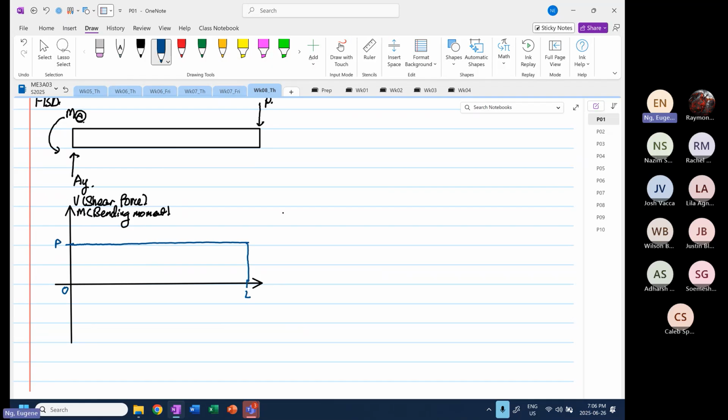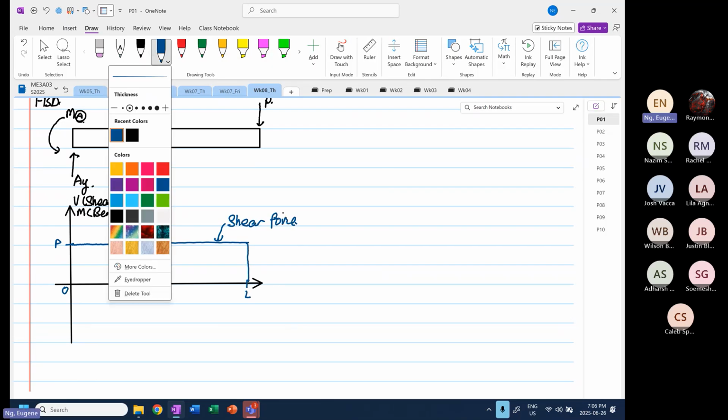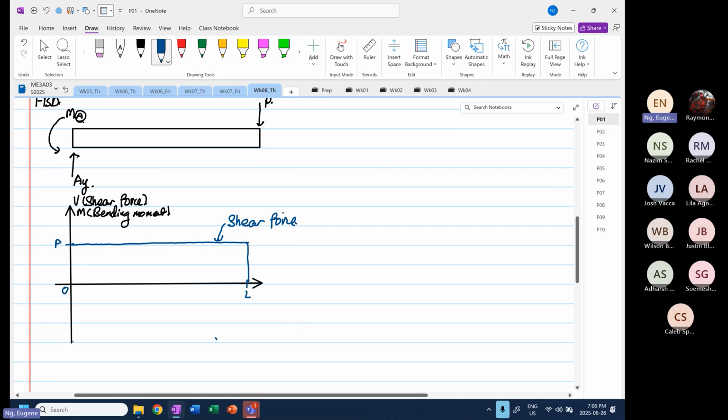And then for our bending moment, okay, it will go like this. Let me give it a different color.